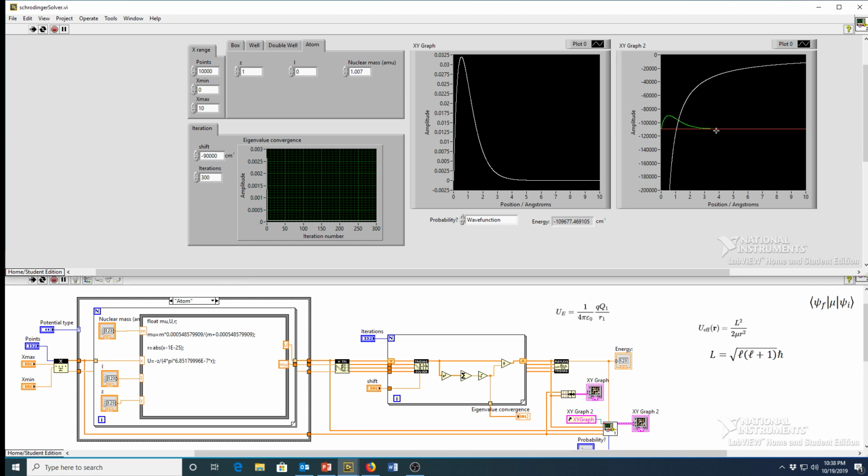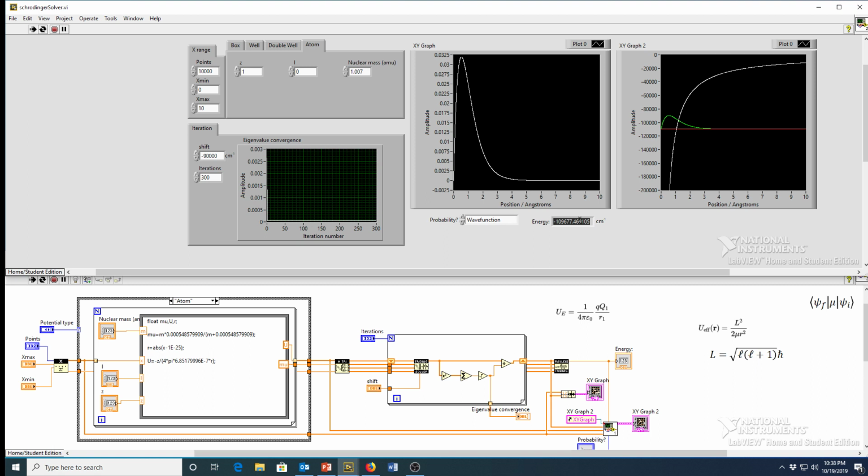There's our s orbital, and that is the wave function in a certain coordinate system. And here is the energy level. So, okay, let's check some things here. Is this the right energy, even though we've calculated this in 1 dimension instead of 3?